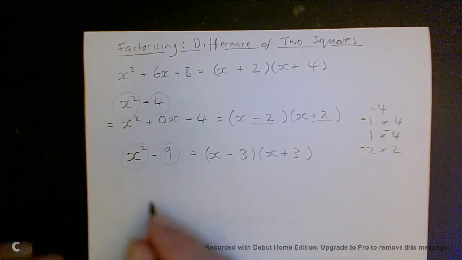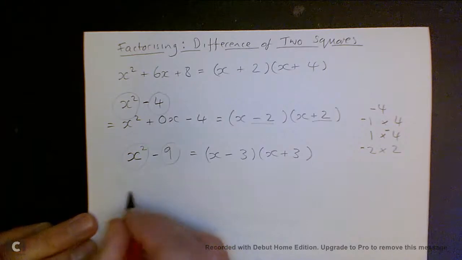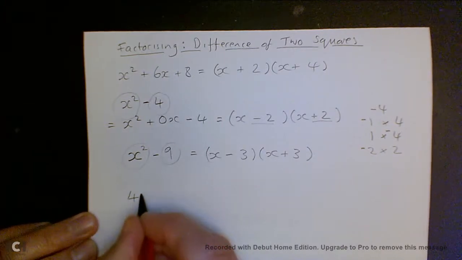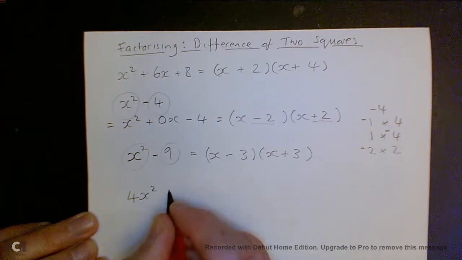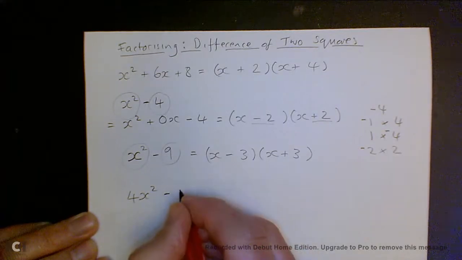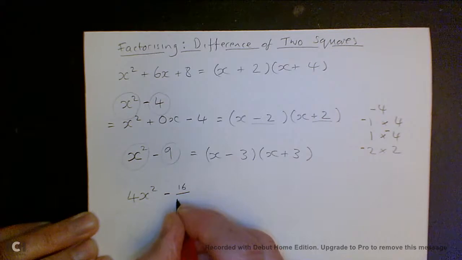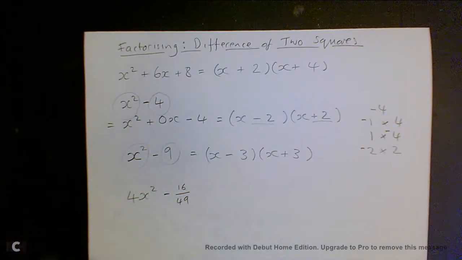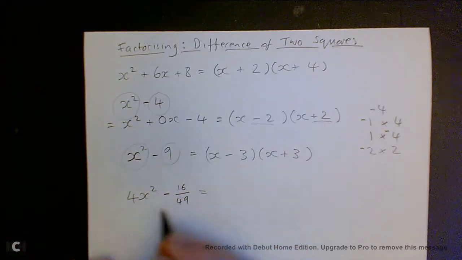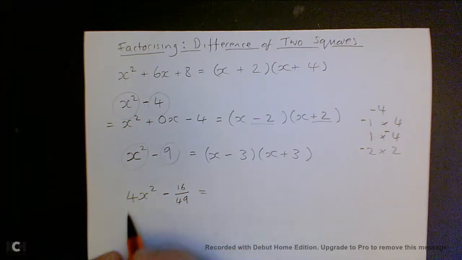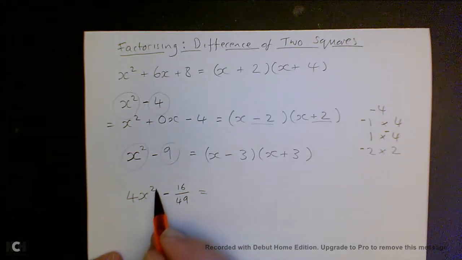And this works a little bit with trickier questions. So say for example I had 4x squared subtract 16 over 49. All of these numbers are square numbers. This is a square number, this is a square number, this is square and this is square.